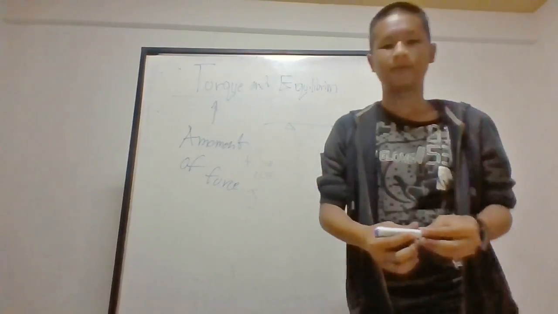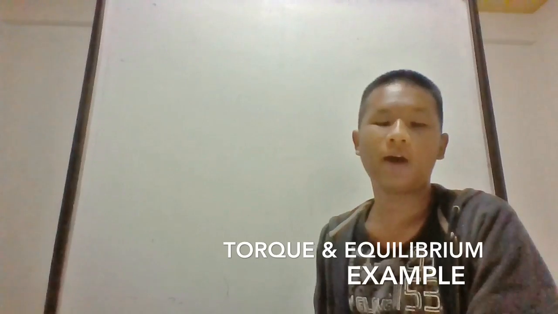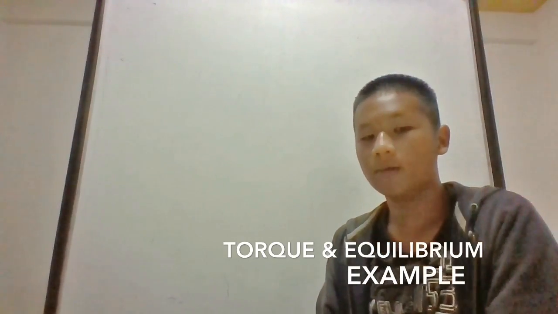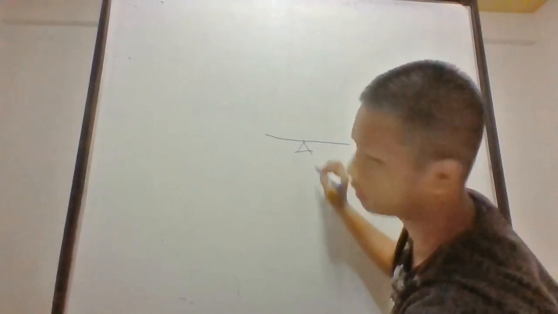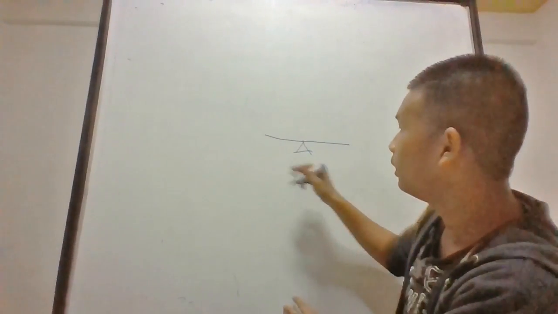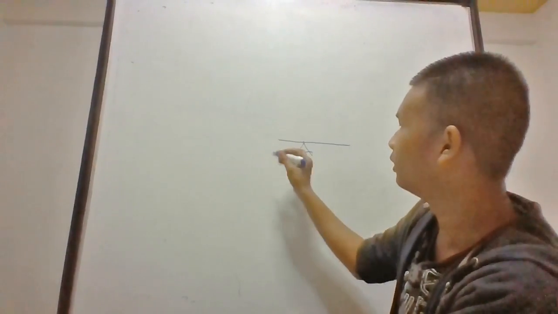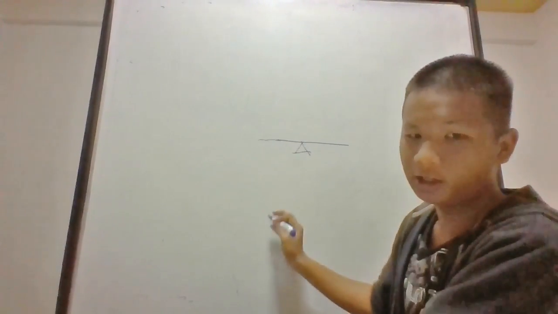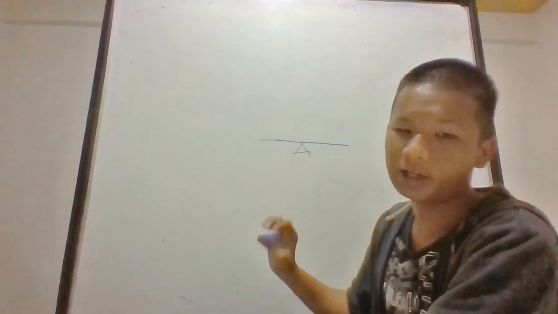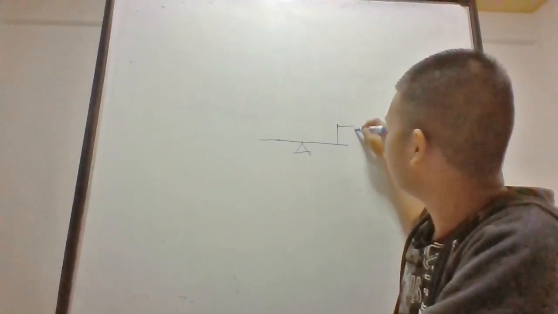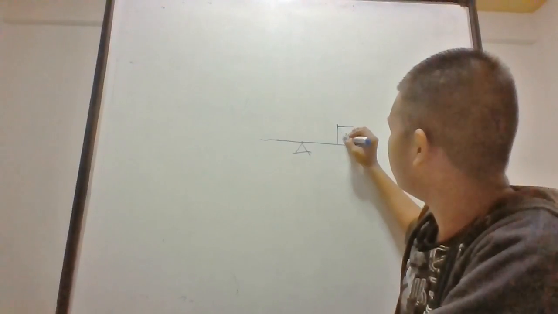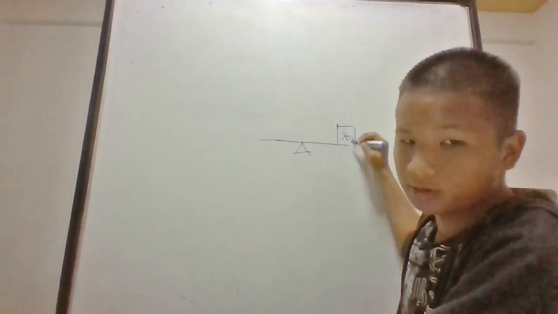Okay, so now I will give an example about torque, in the case of a seesaw. Let's imagine it's a seesaw that you played when you were a kid. There is a heavy kid here. He weighs 70 kilograms.